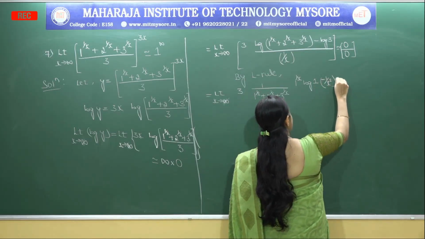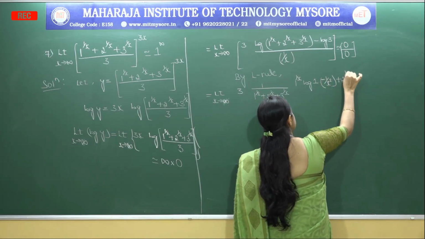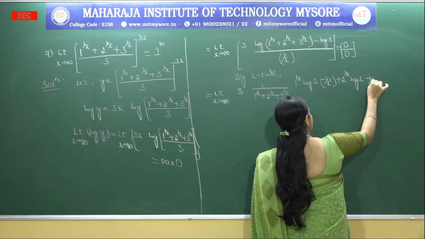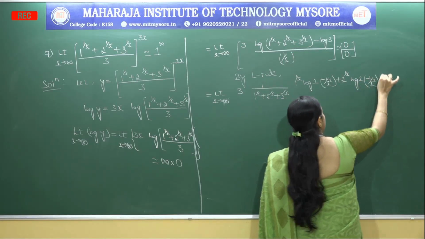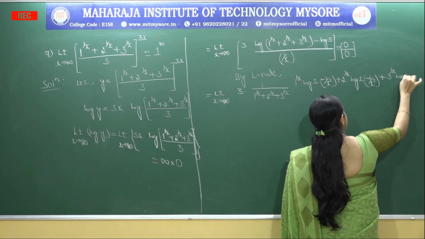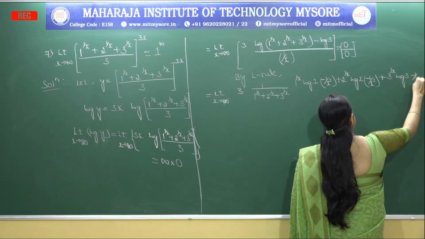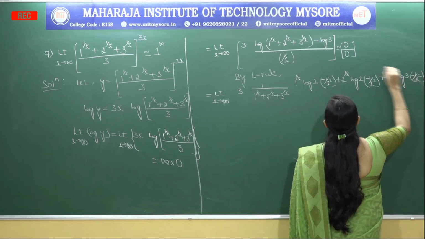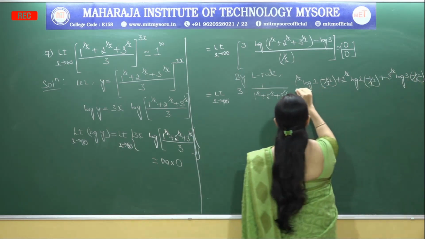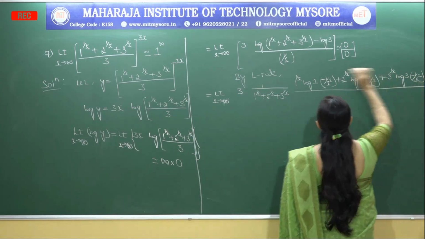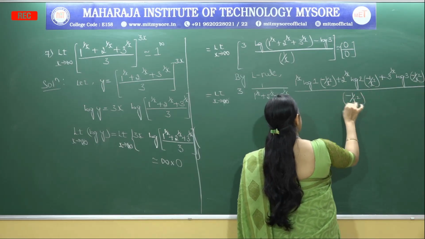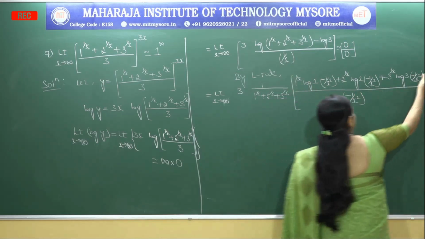Same for the second term, 2^(1/x) log 2 into minus 1/x square, plus 3^(1/x) log 3 into minus 1/x square. Log 3 differentiation is 0. Denominator, the differentiation of 1/x is minus 1/x square.